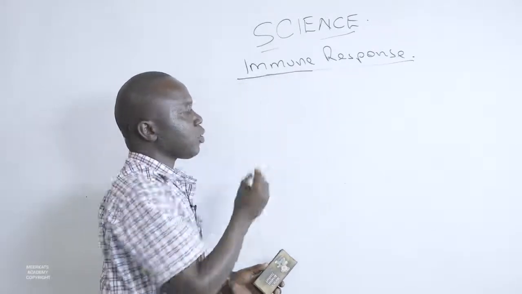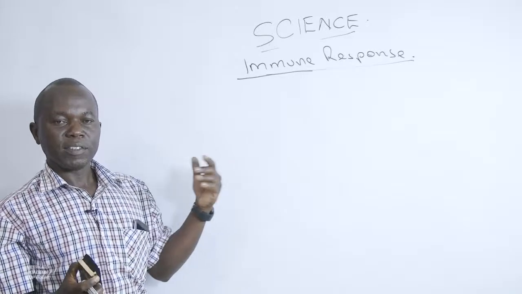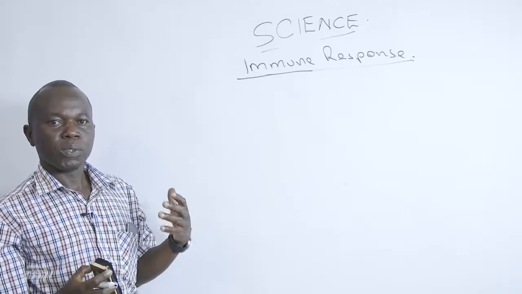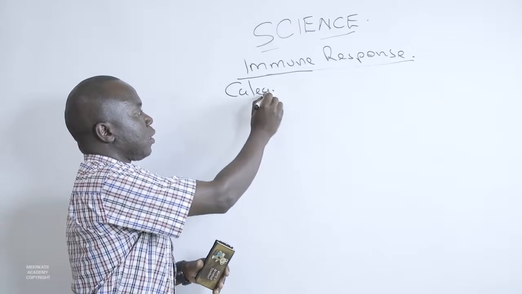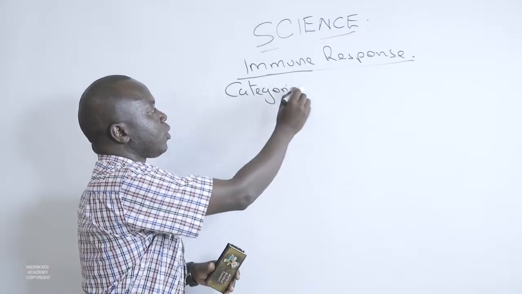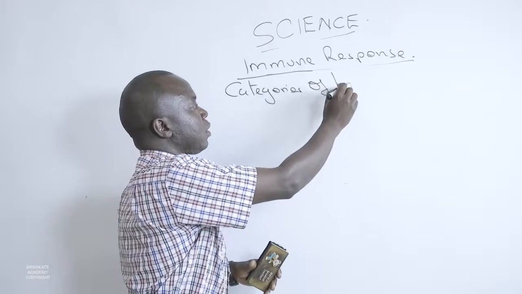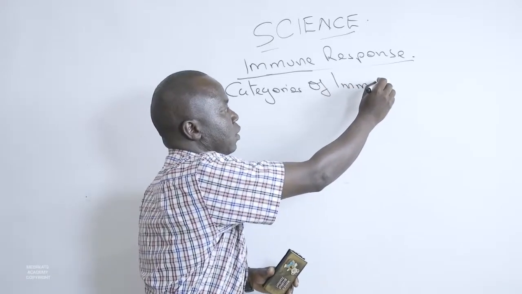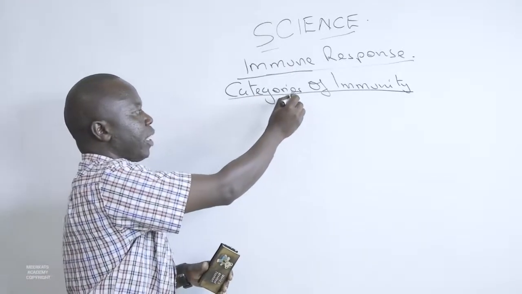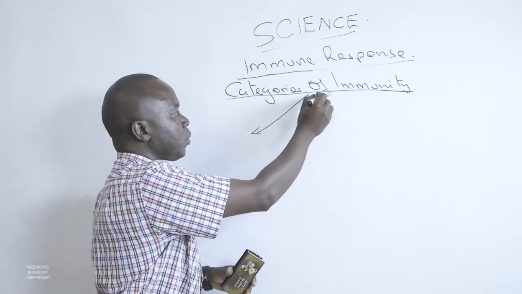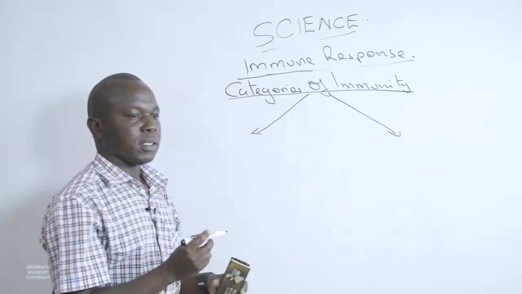But now, based on that, again, we can classify immune response into two categories of immunity. So we have two major categories.